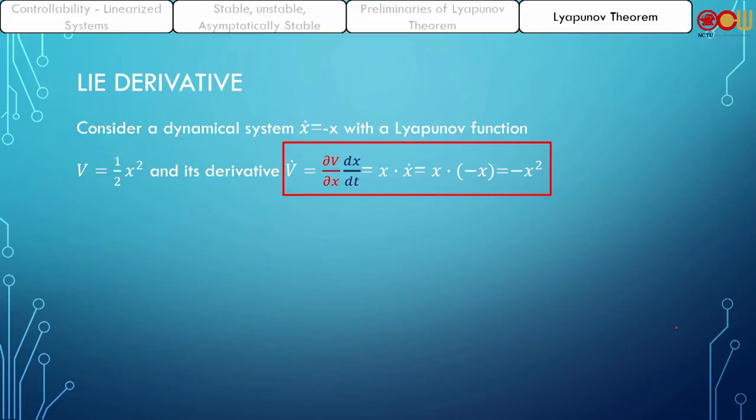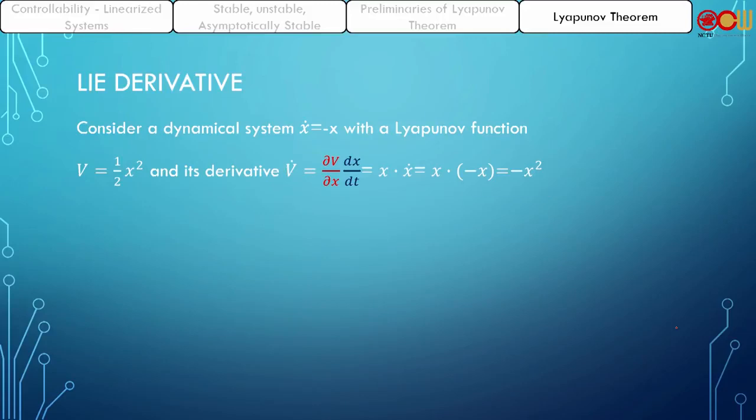Use the chain rule. On the right-hand side, the x dot here is the dynamics, so you can substitute minus x. And the gradient of v is x. You take the gradient, it is x. So what you get is minus x squared.